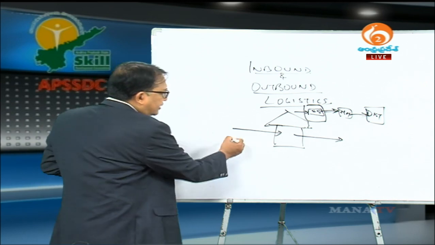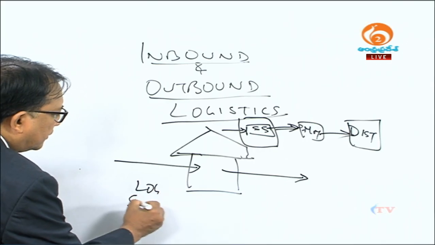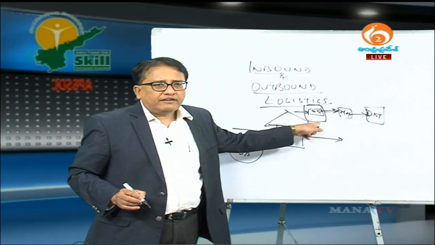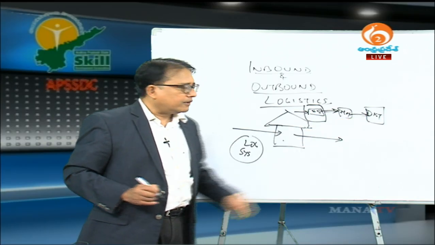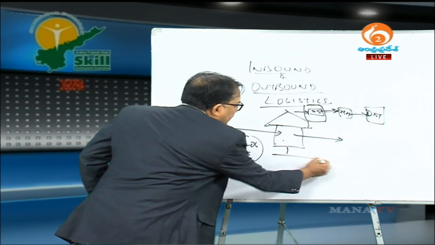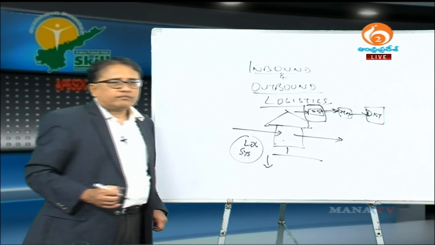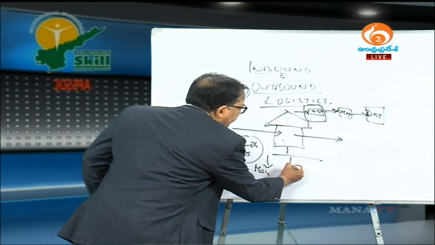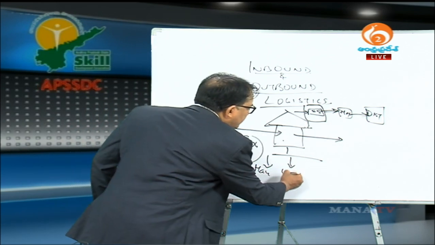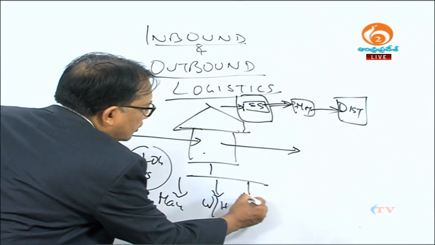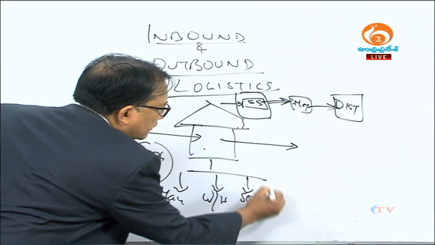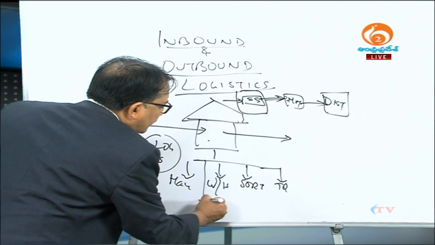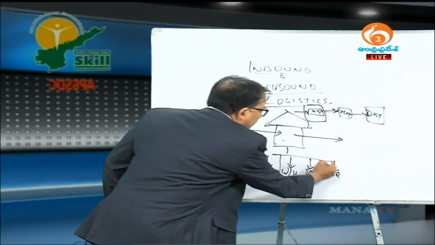By logistics system, this particular company, which could be a supplier, a manufacturer or a distributor, would have a number of facilities. The facilities may be involved in manufacturing, warehousing or sorting, transportation, transshipment point, assembly.